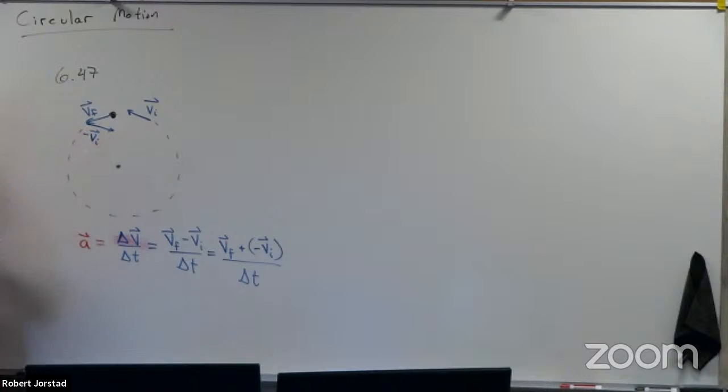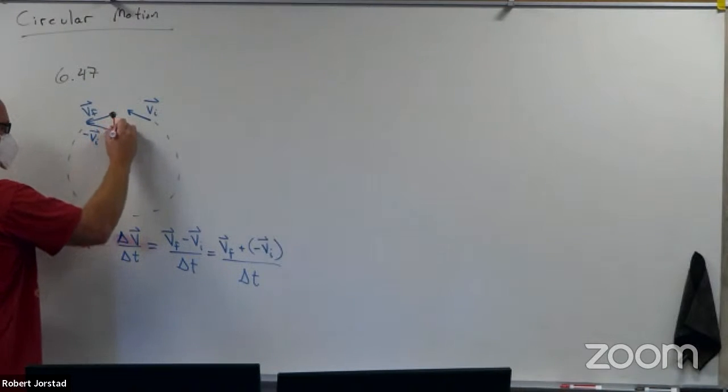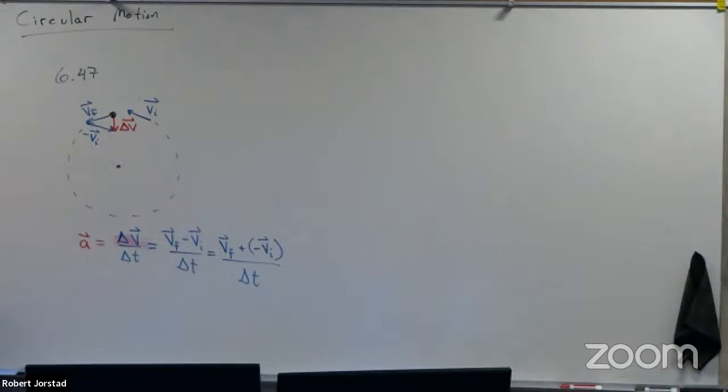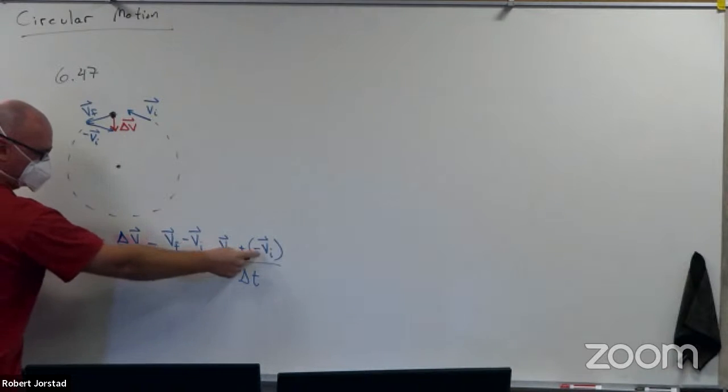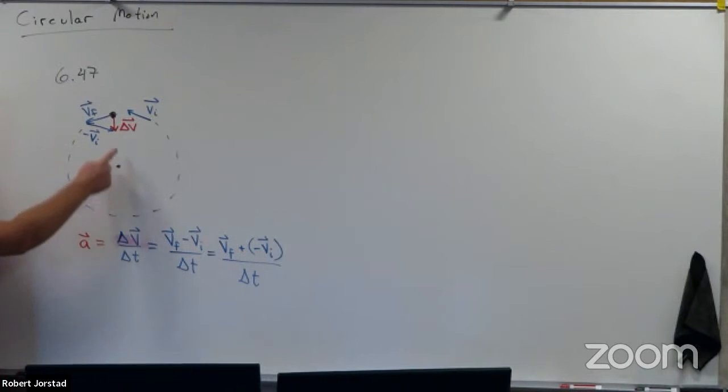So look carefully here. This is not V final plus V initial. This is V final plus negative V initial, right? Do you agree that this is delta V? Take a second. V final plus negative V initial should be delta V.